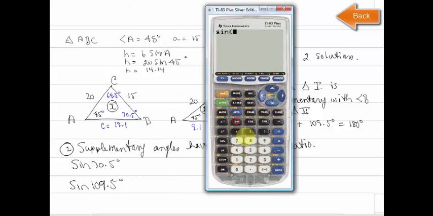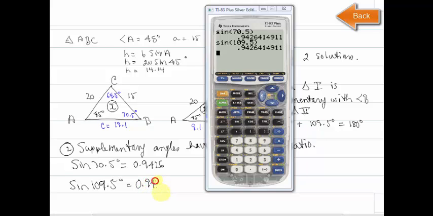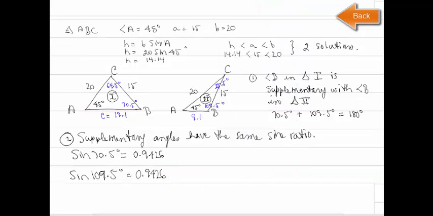Sine of 70.5 is 0.9426, and sine of 109.5 is, look at that, 0.9426. Okay, so that's another observation that you can make with these two triangles.